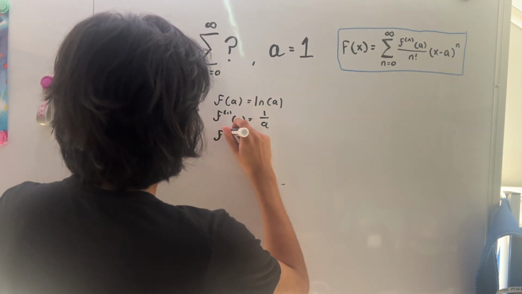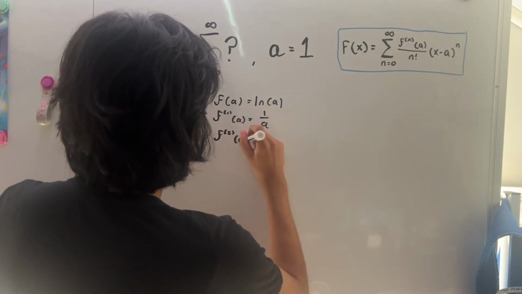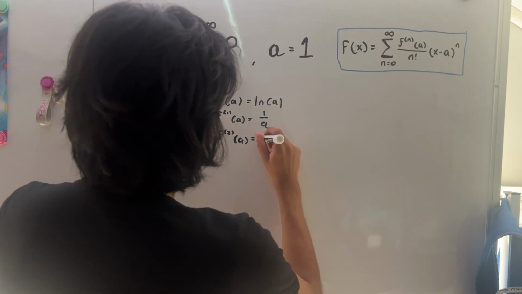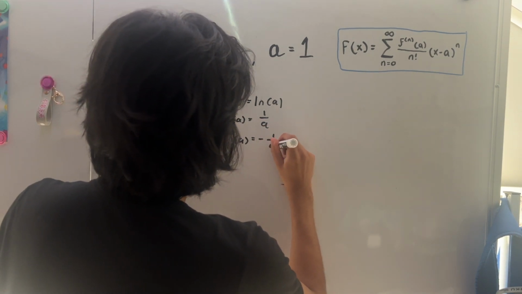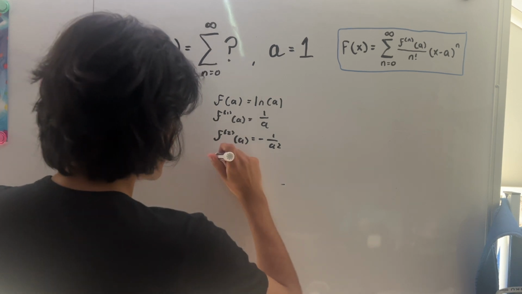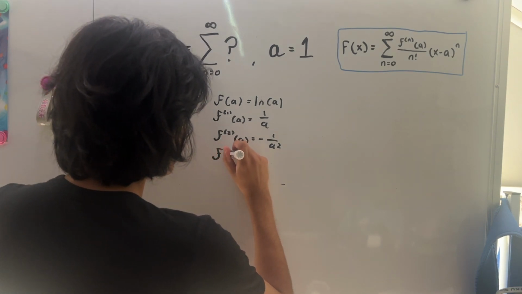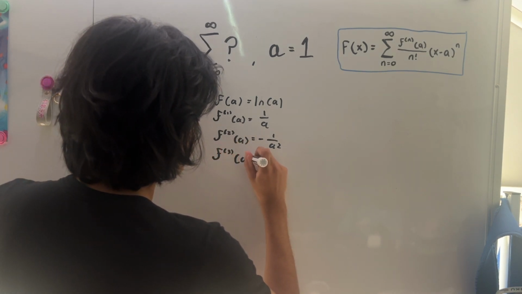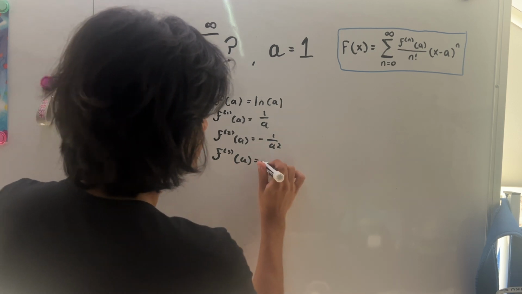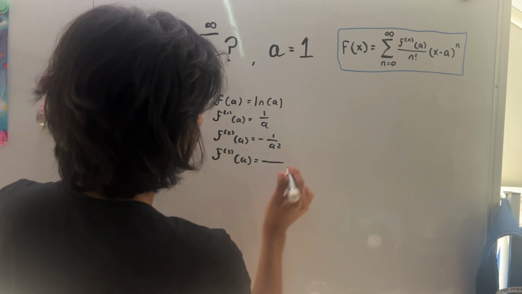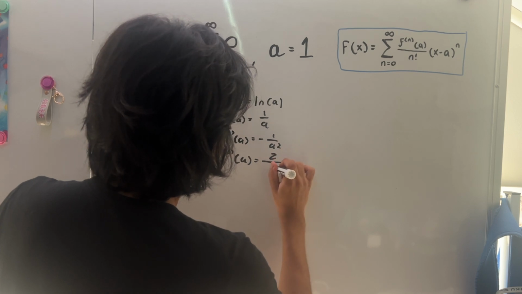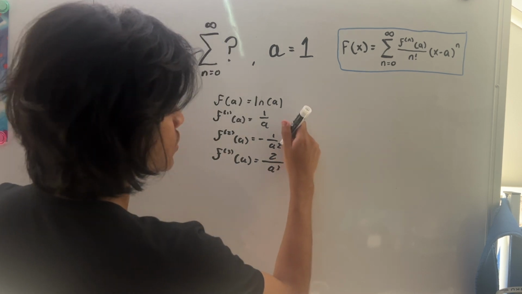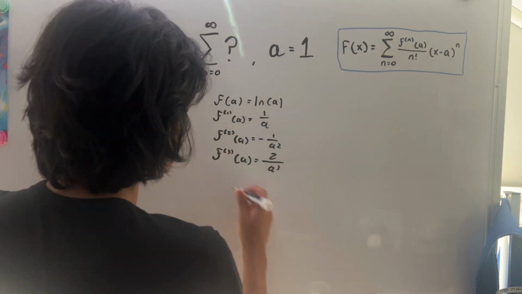So when we take the second derivative at a, we're going to have negative 1 over a squared. Taking the derivative again, so the third derivative, this negative goes away. And so now we get 2 over a cubed, because 2 times 1 is just 2.